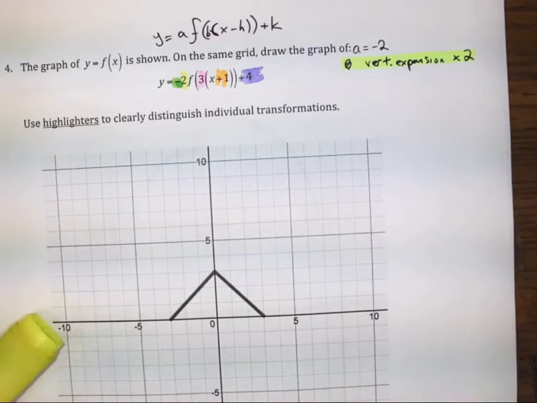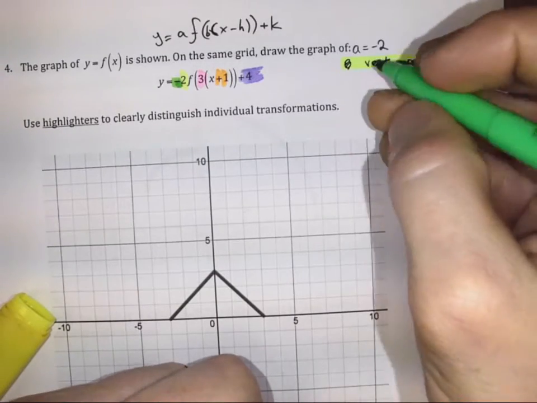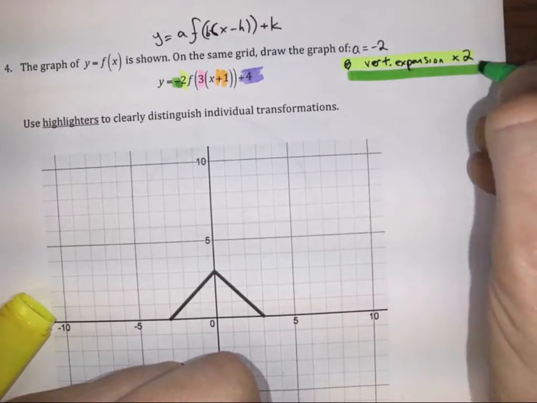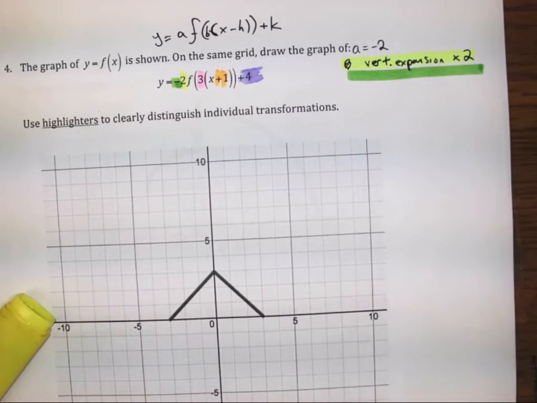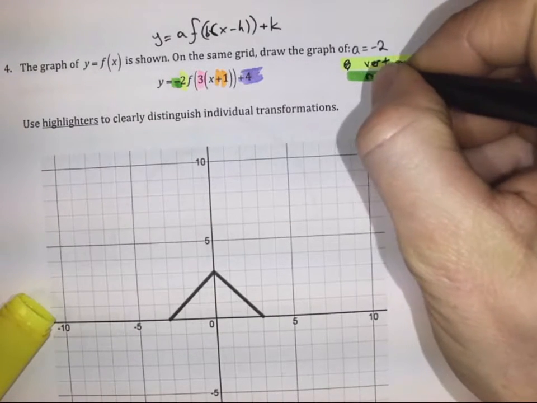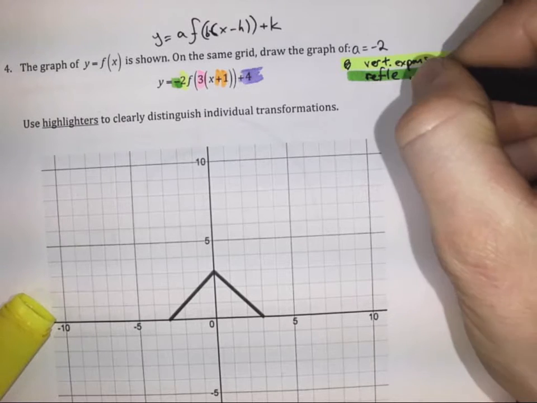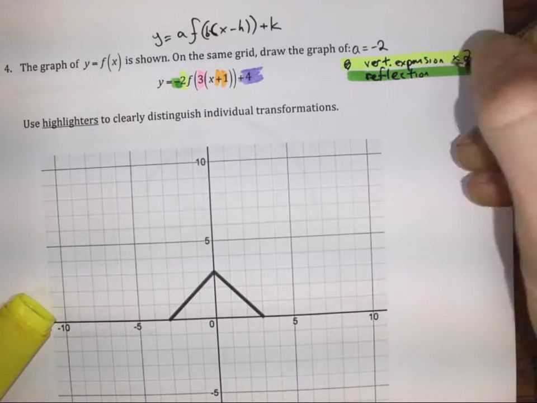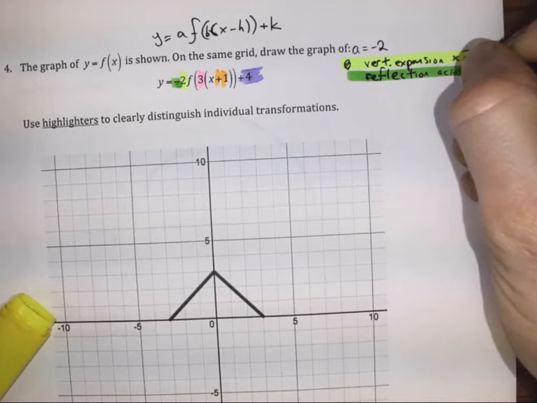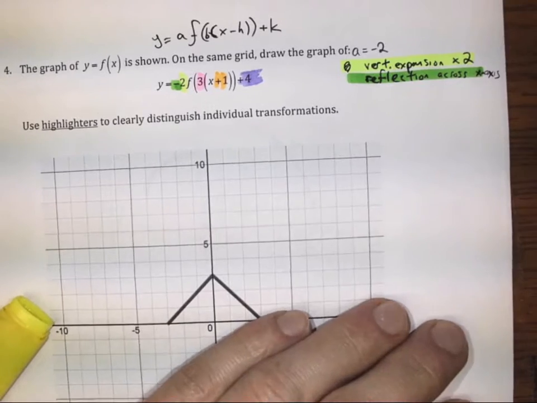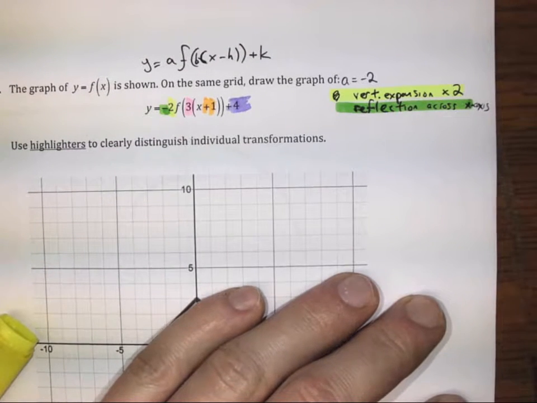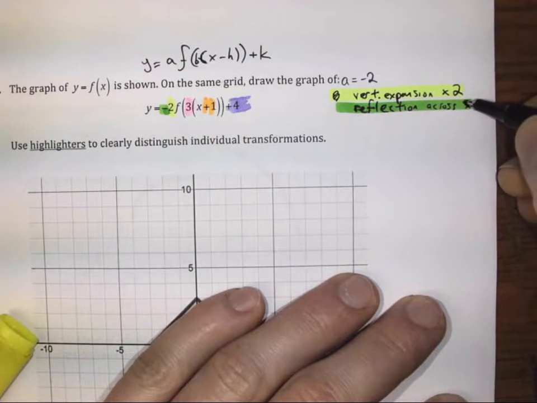And the negative plays a different role: it also tells us that we have a reflection across the x-axis. That's an x. Can you see that from the video? Yeah, x-axis. There we go.